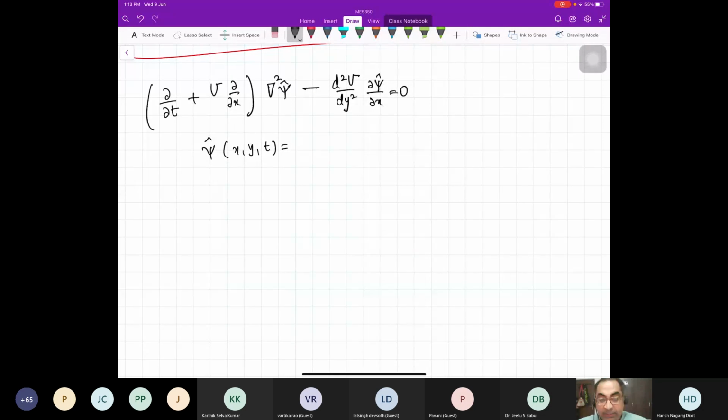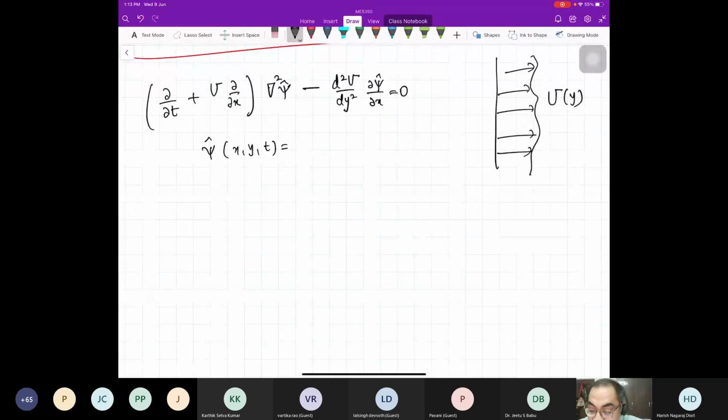Now, remember the mean velocity is varying like this, capital U of y. Which means that something is varying in y, but what about the x direction? I have not said anything about the x direction. We will assume x to be infinite, going from minus infinity to infinity.